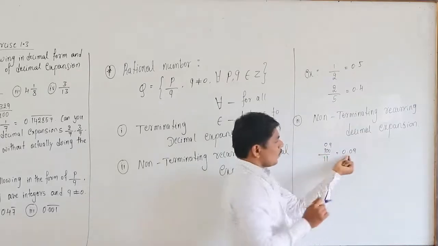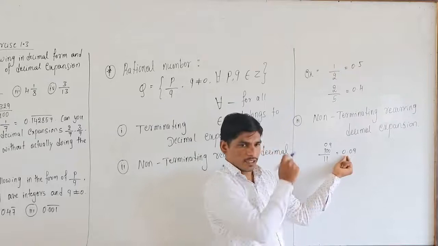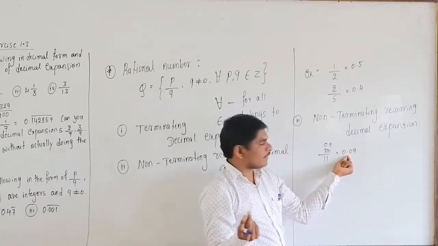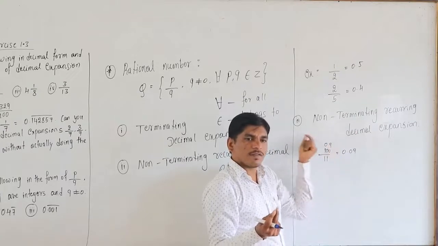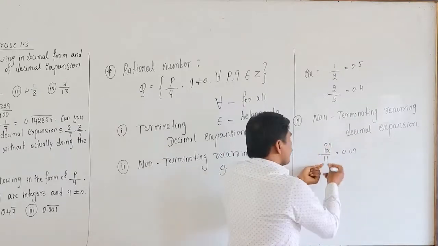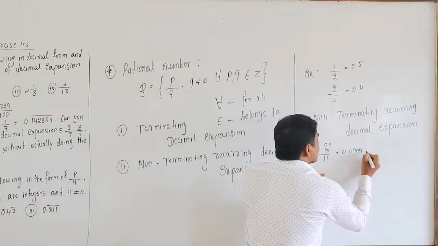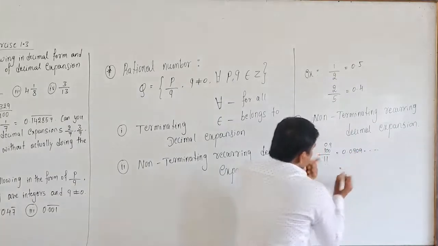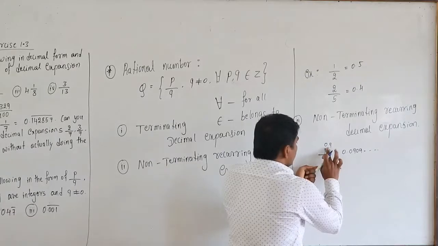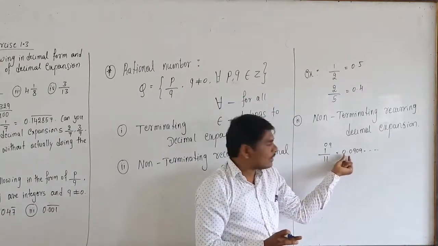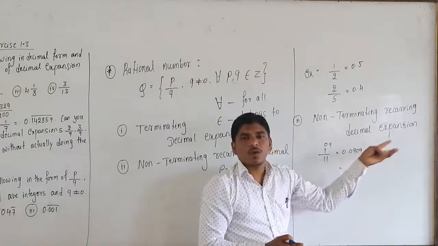Take a 0, the value is 10, but 10 is not divisible by 11. So take one more 0, the value is 100, and again 11 nines are 99. It means 1 by 11 has the value 0.0909 and so on.